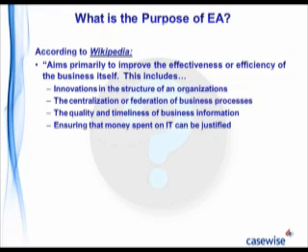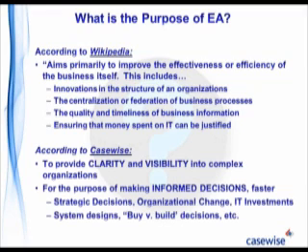Well, it might be innovations in the structure of an organization or centralization or federation of processes. Maybe it involves quality and timeliness of information. At the end of the day, it's generally designed to either save money, ensure that money being spent on IT is justified, or quite frankly, save money with regards to our business operations, our business processes.